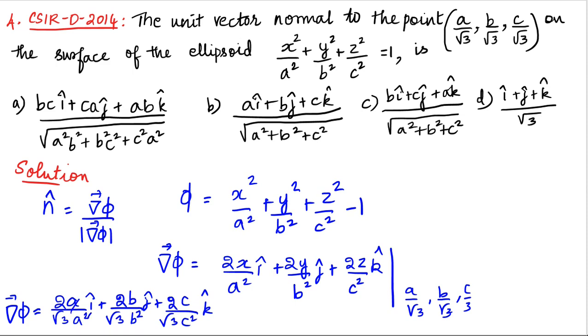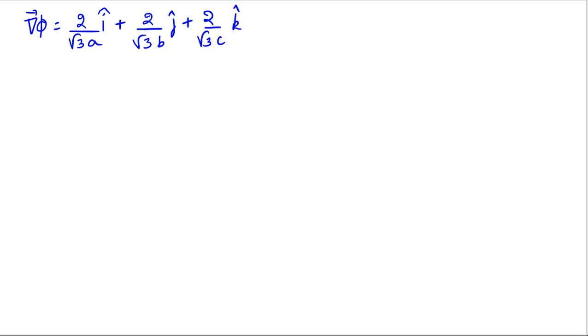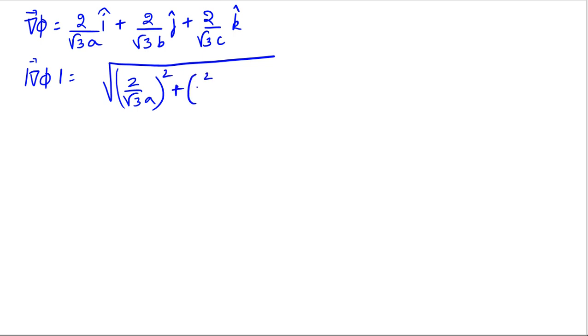So now our del phi will be, after cancelling everything, 2 by root 3 a i cap plus 2 by root 3 b j cap plus 2 by root 3 c k cap. So now we have to find the mod. Del phi, the mod is nothing but the square root of the sum of squares of the component coefficients. So 2 by root 3 a the whole square plus 2 by root 3 b the whole square plus 2 by root 3 c the whole square.